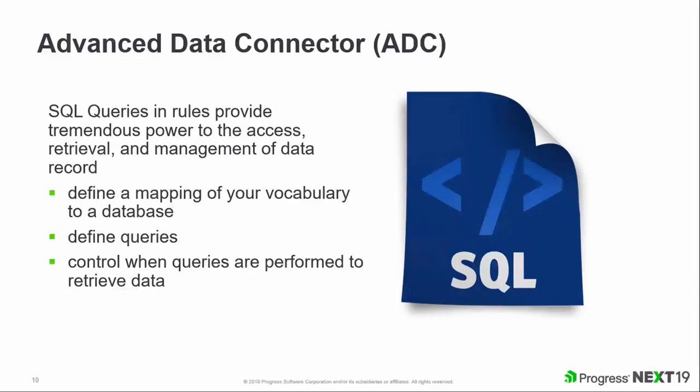So by minimizing that back and forth between Corticon and your database, by maximizing how close you can bring the queries to the rules and define the actual queries that are being done instead of Corticon automatically generating those queries, you can have quite an order of magnitude of performance improvements.